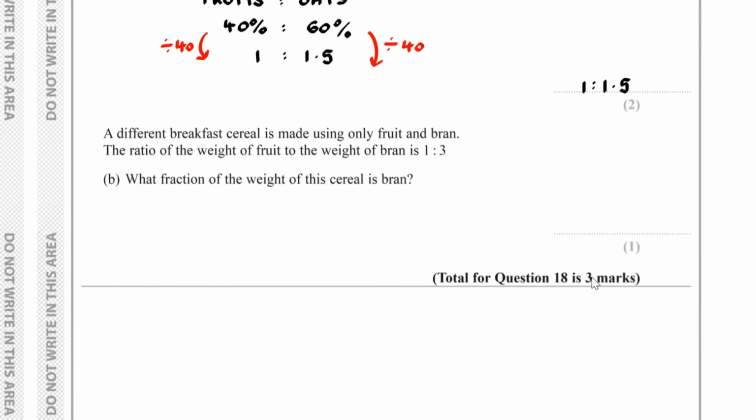Next, a different breakfast cereal is made using only fruit and bran. The ratio of the weight of fruit to the weight of bran is 1 to 3. What fraction of the weight of the cereal is bran? Well, we've got 1 plus 3, which is 4. So we've got 4 parts in total, and of those, 3 of them is bran. So the fraction is 3/4.